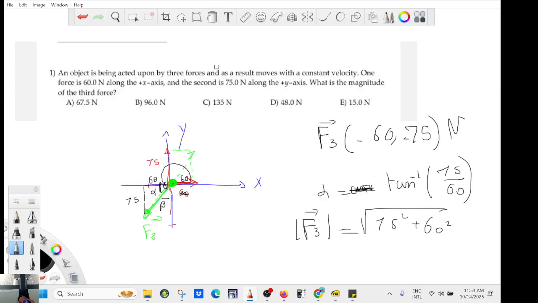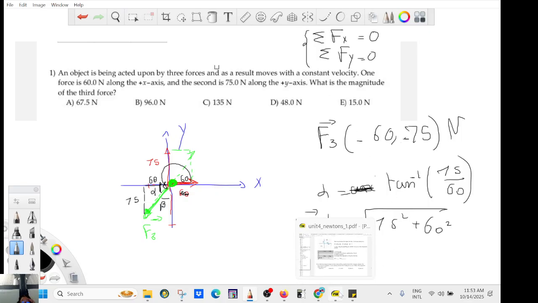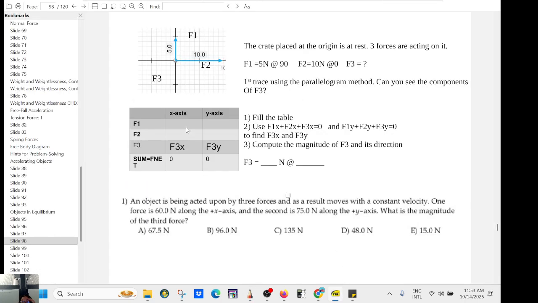Now, if it's hard, you can say the sum of the x components equals 0, the sum of the y components equals 0, and you will get the same thing. So you see, I did it for you. You can use this way. This is the long way.